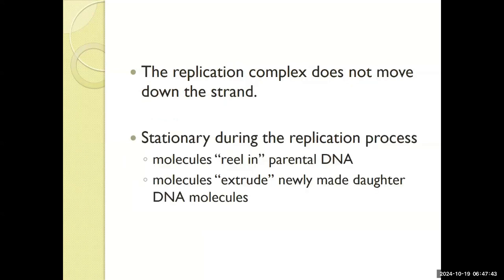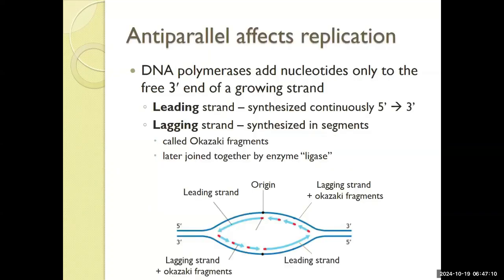In terms of visualizing this process, we often describe the replication complex as moving down the strand, a train on the train tracks of our DNA, when in reality, it's a stationary complex that reels in the DNA. At the replication fork, DNA elongation is happening in two directions, creating two different daughter strands.